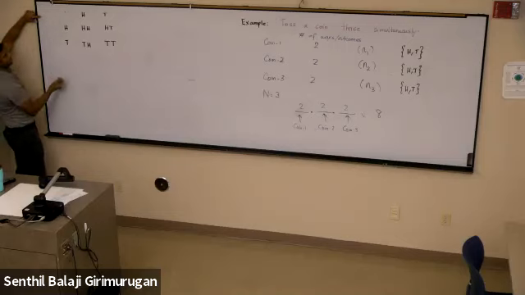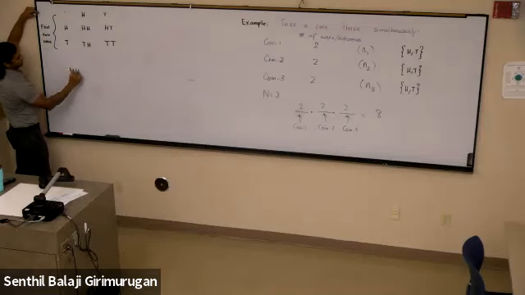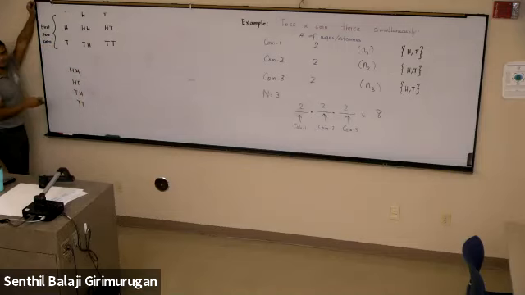The next step is the third coin. So we know that there are 4 possibilities for the first 2 coins. The third one will depend on the previous outcomes. And what are the possibilities for the third coin?